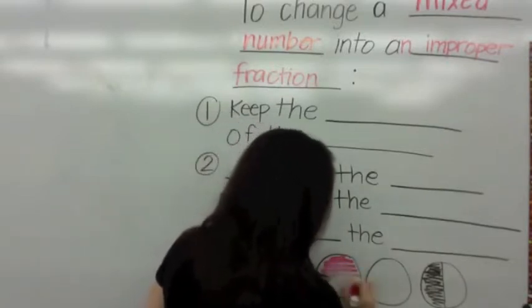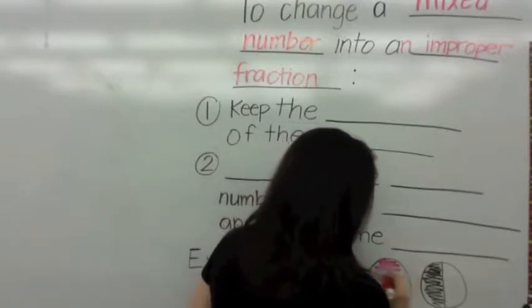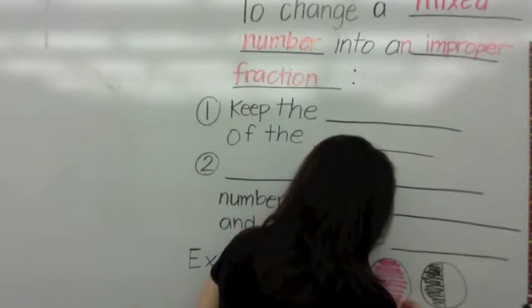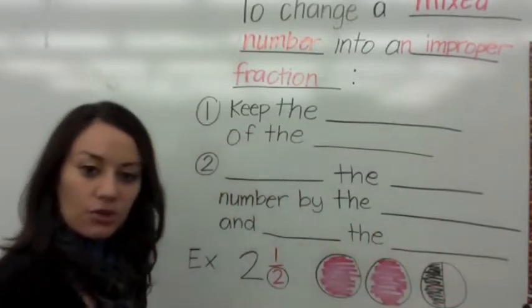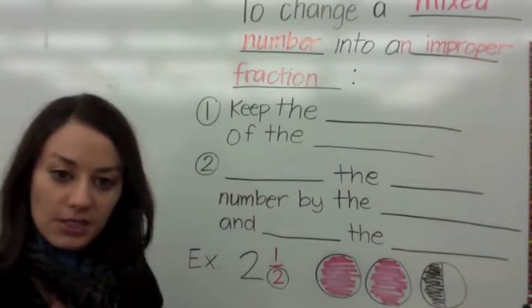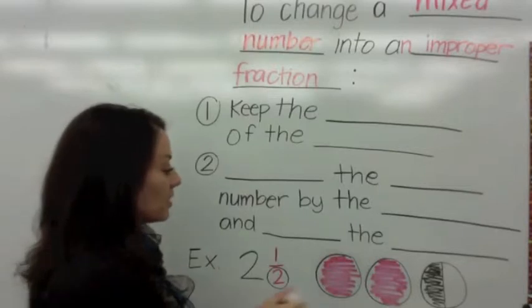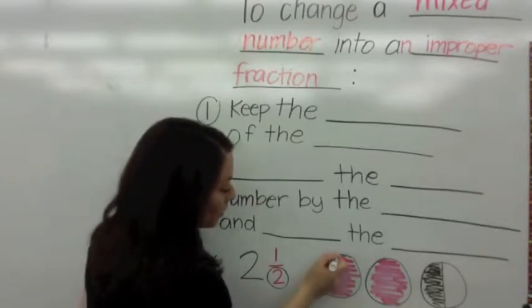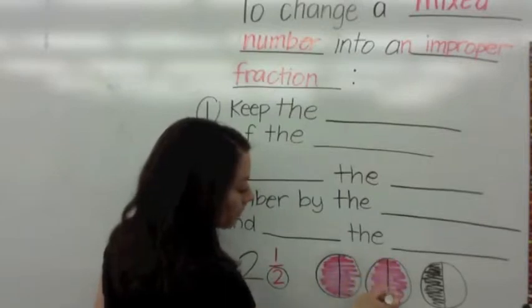If I color the whole circle in, that's one whole. Then you have two wholes, with a half. 2 and 1/2. But really, if you're working with halves, you can take this whole and cut it in half here and cut it in half here.